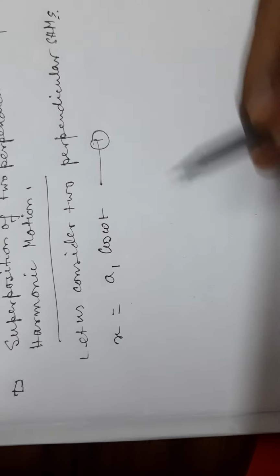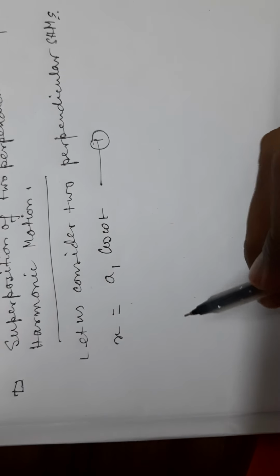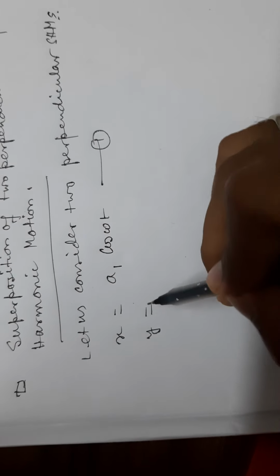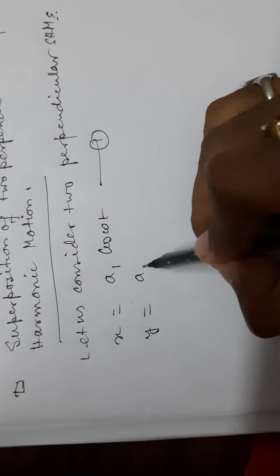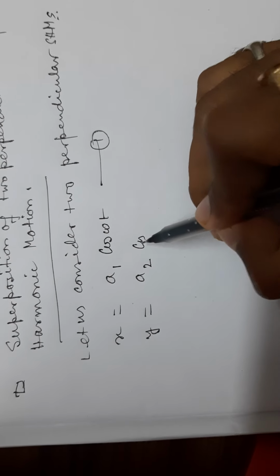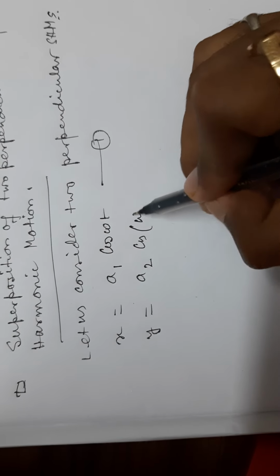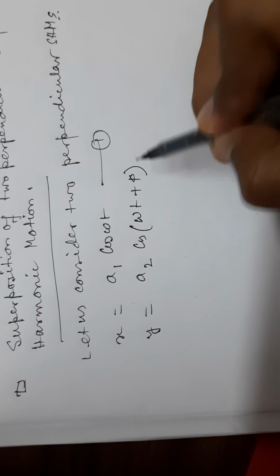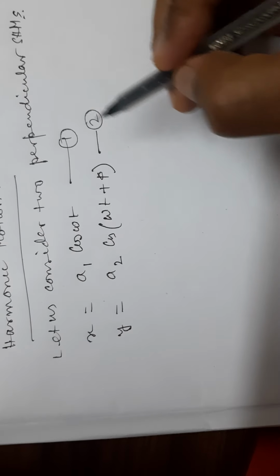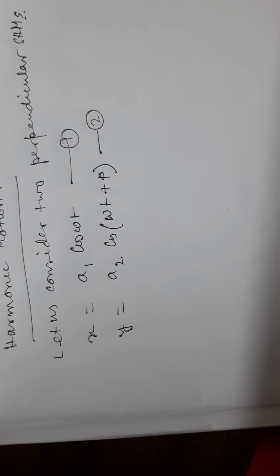This is equation number 1. And y equals a2 cos (omega t plus phi). This is equation number 2. These are two simple harmonic motions. They act perpendicular to each other, and we need to superpose them.